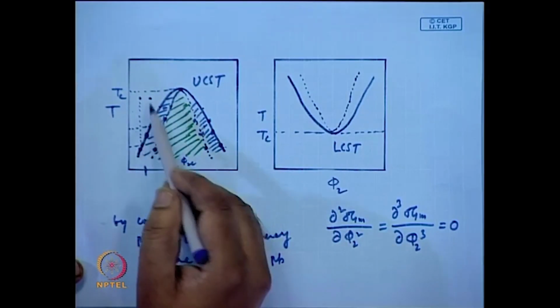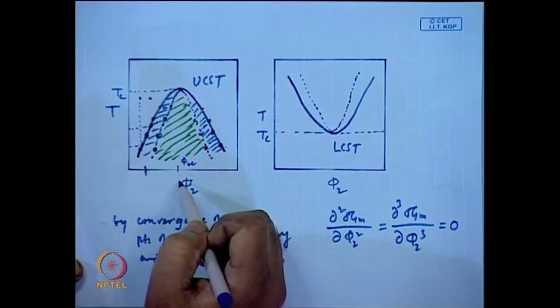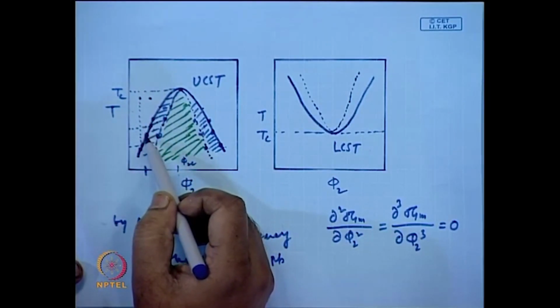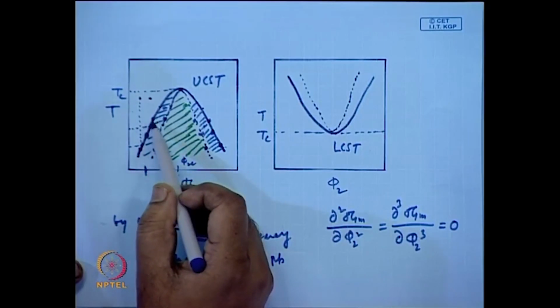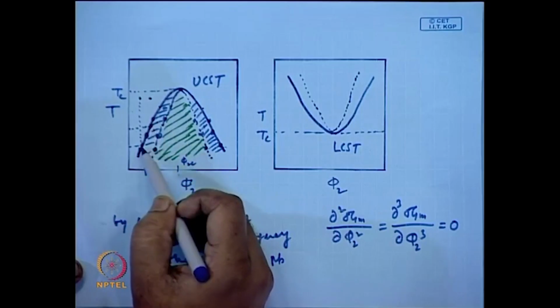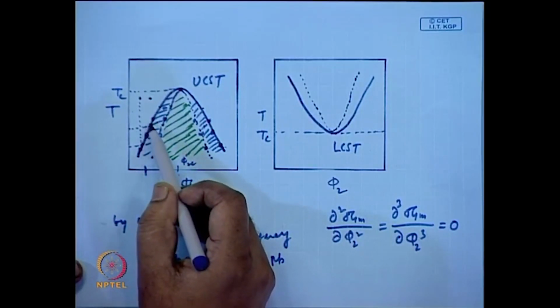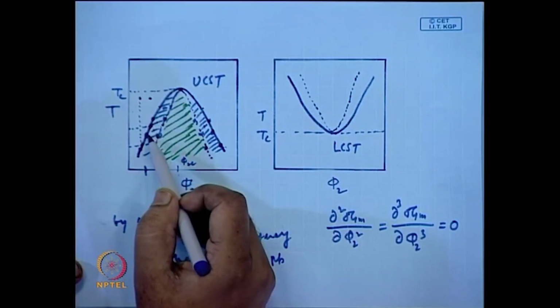So, if you change the composition, obviously the temperature at which the two phase or precipitation starts will vary. These points where the two phase actually generates, or the polymer becomes insoluble, are called cloud points.